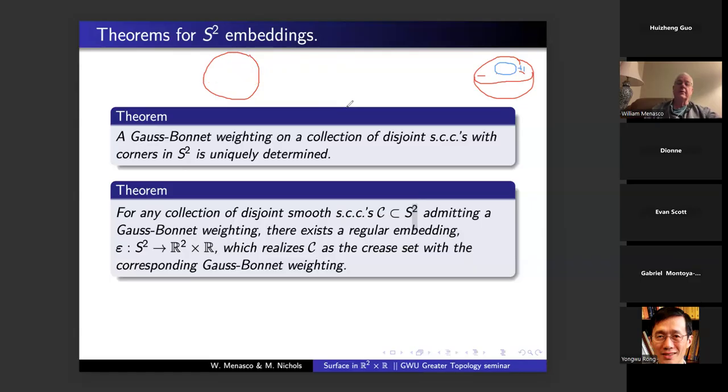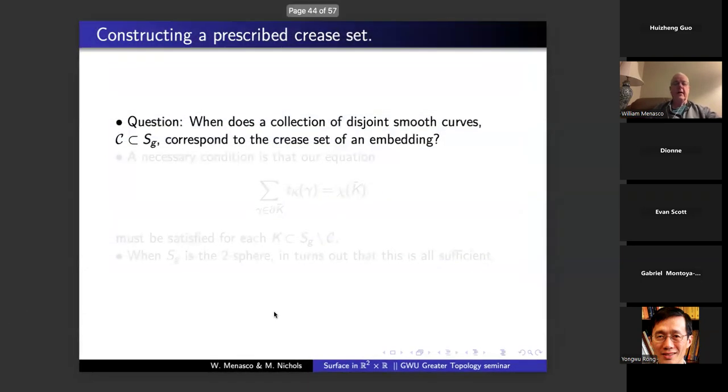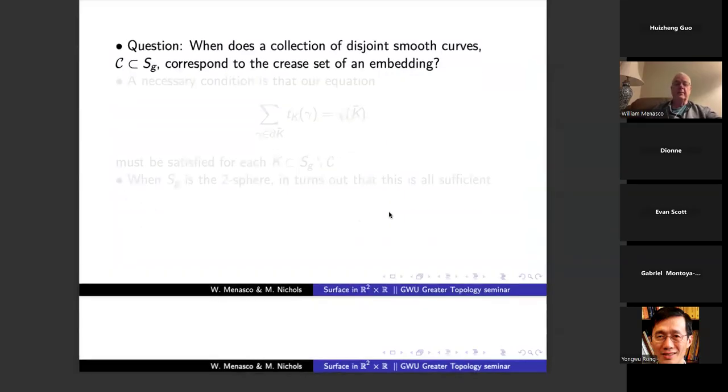Let me get rid of all this. Okay. So the question is, when does a collection of disjoint curves correspond to an embedding?